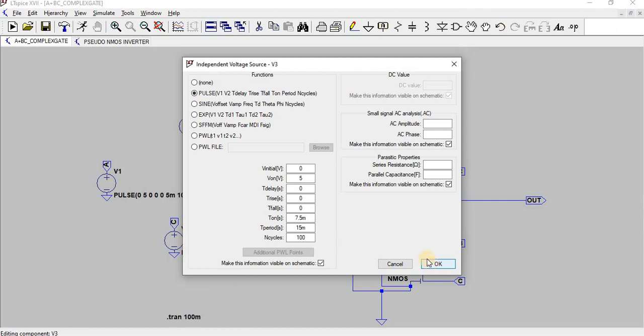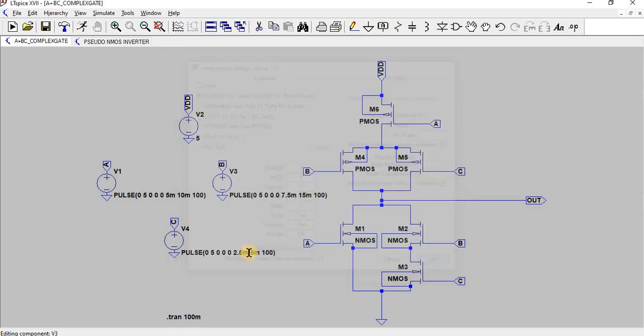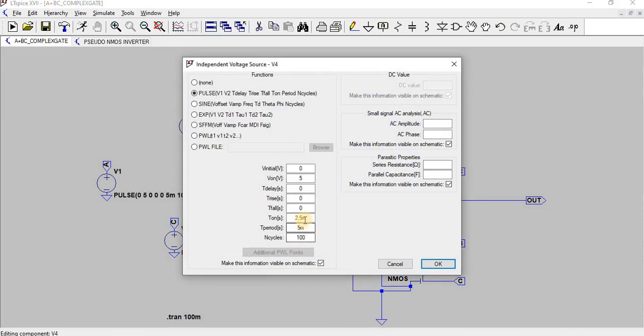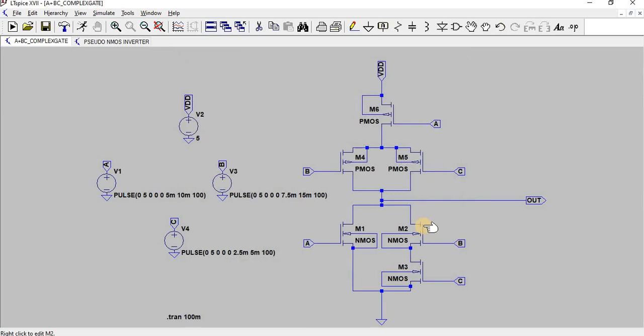Because I need to get the output for all the combinations 0 0 0, 0 0 1, up to 1 1 1. We have 3 input variables, so I should get all the different combinations, so I have given different on times and periods. And in C I have given 2.5 milliseconds and 5 milliseconds. It's up to you how you vary the inputs.